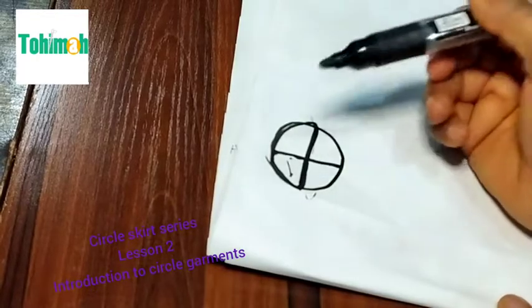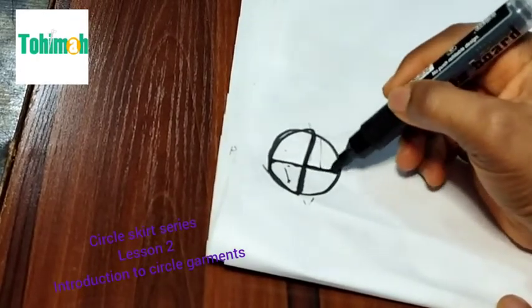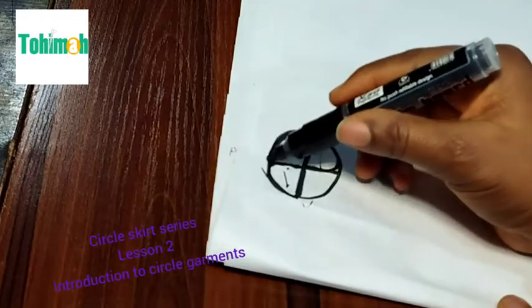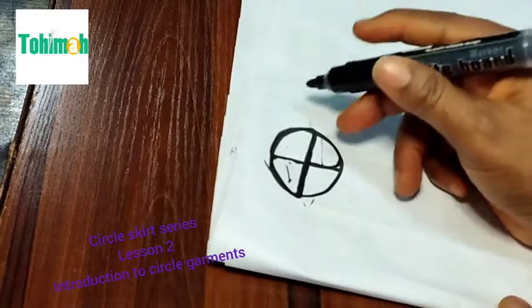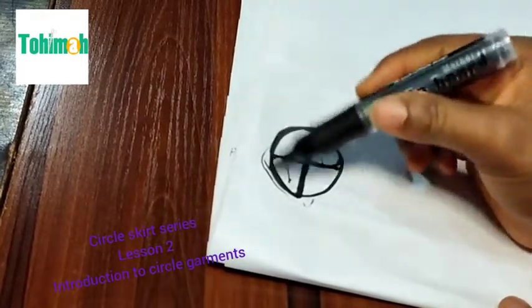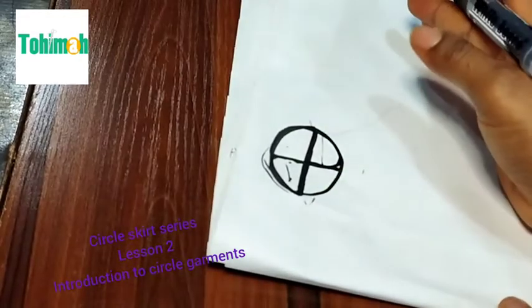So 90 is a quarter, 180 is half. When you have a single one like this, it's 270. Then the whole full circle is 360. So that is how it works.